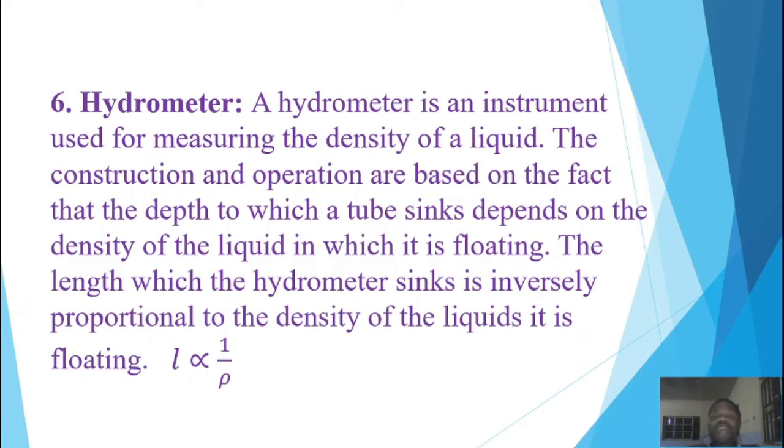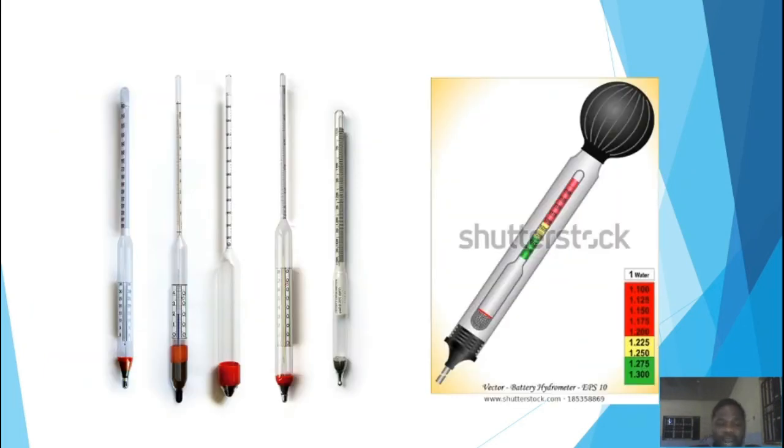We also use hydrometer in soil analysis. We also have acidometer, the one used to measure the density of acid. You will also know that the battery chargers, they use hydrometer. The hydrometer they use to measure the relative density of the acid in the battery. Now, this diagram shows different types of hydrometer.